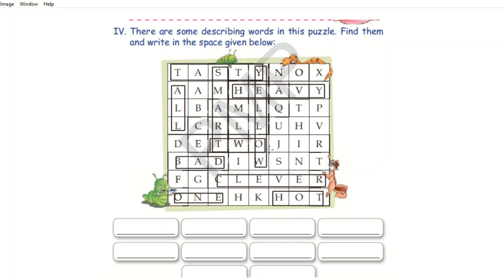Now we will write all these 10 describing words in these given spaces. Let's write.